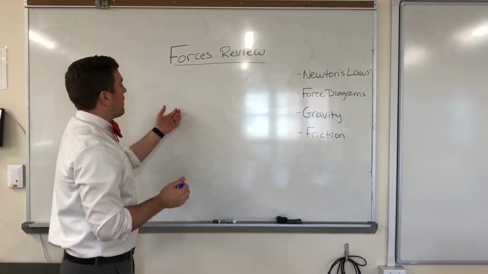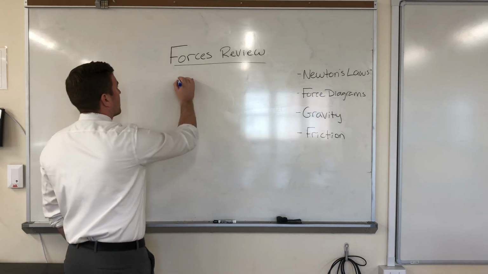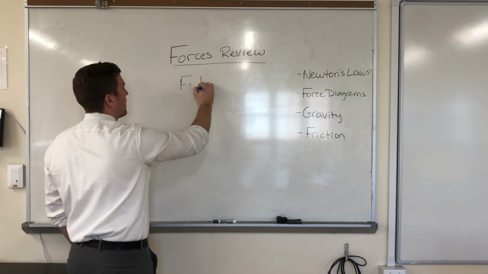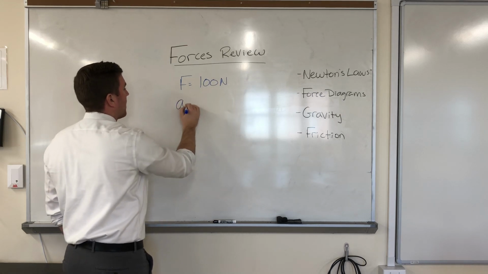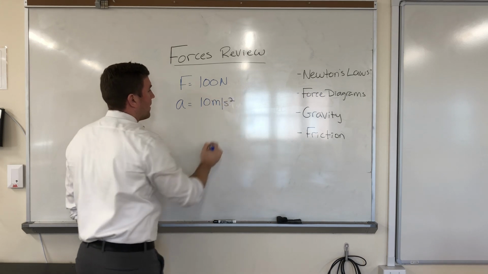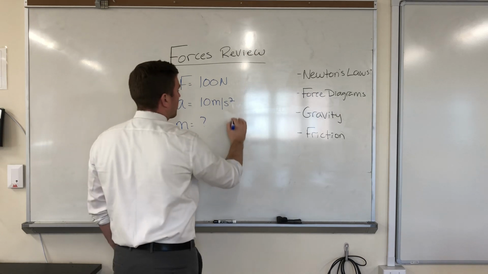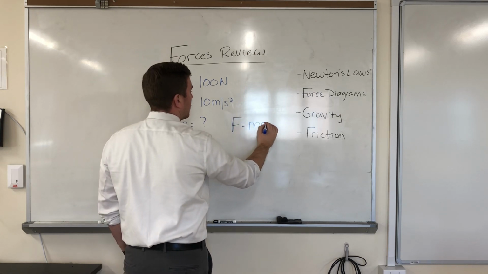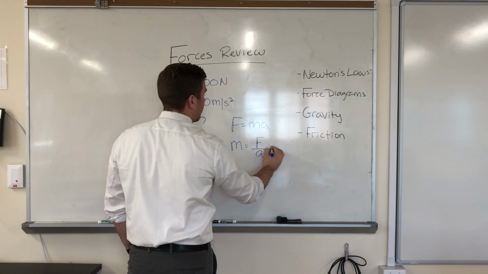For instance, if I said that I pushed something with a force of 100 newtons, and that caused the object to accelerate at 10 meters per second squared, maybe I'm looking for the mass. I would take my Newton's second law equation and rearrange it to solve for the mass.